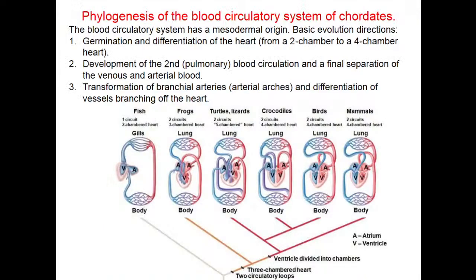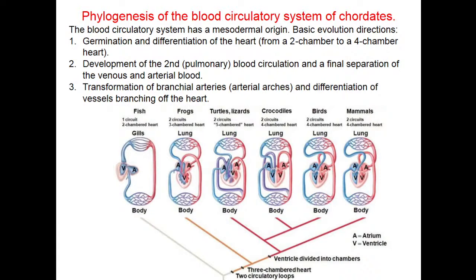Next, system of organs. It is the phylogenesis of the blood circulatory system of chordates. The blood circulatory system has a mesodermal origin. The basic evolution directions: the first, the formation and differentiation of the heart from a 2-chamber to a 4-chamber heart.